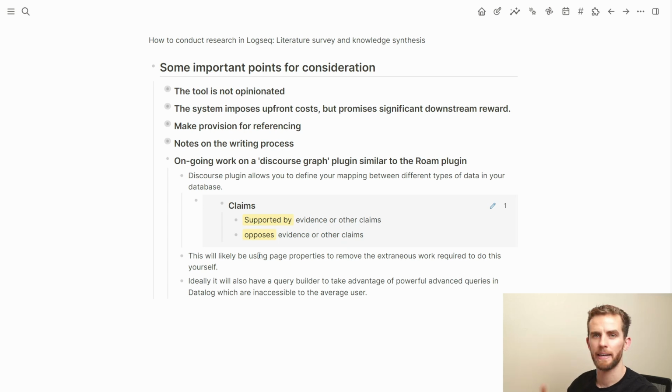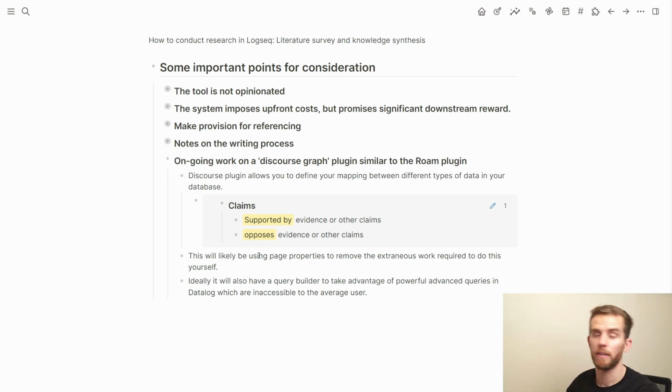That will remove the extraneous work of going into that claim, creating a page property which says opposes, and then writing the other claim or evidence there. Ideally the discourse graph will just let you say, I have this claim and I want to say it opposes that other claim, and it will do the creation of the page properties and everything for you so that you don't have to worry about that.